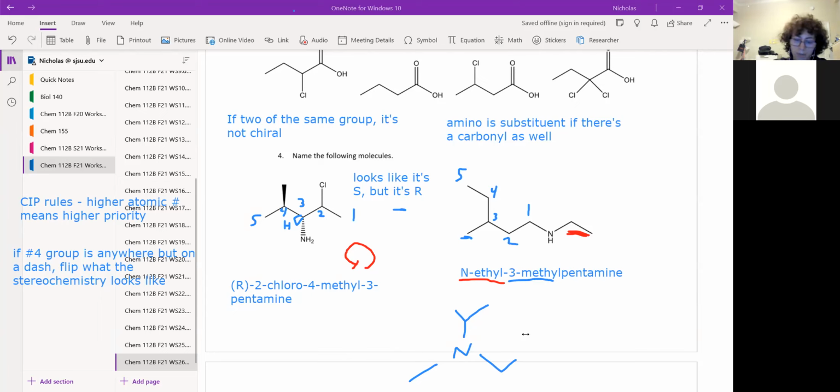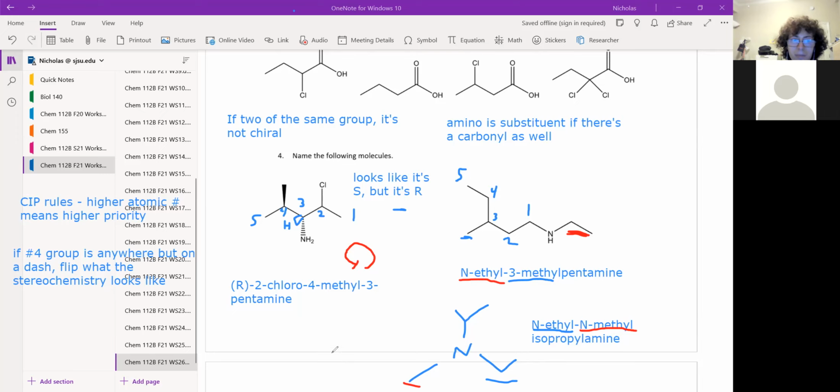So just really quickly as an example, this would be N-ethyl, N-ethyl, and this comes from here, but then you have a second N because you have a different functional group attached to the nitrogen. Or if you had 2 of the same one, you would put N,N-dimethyl or N,N-diethyl or whatever.